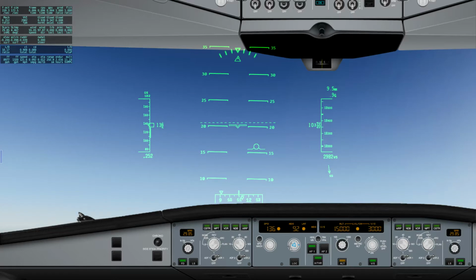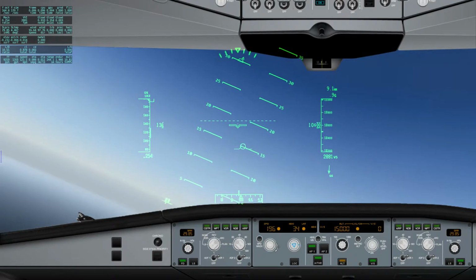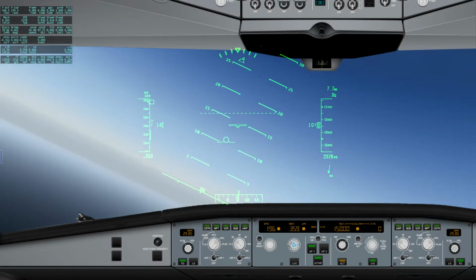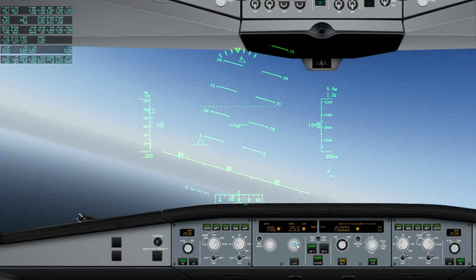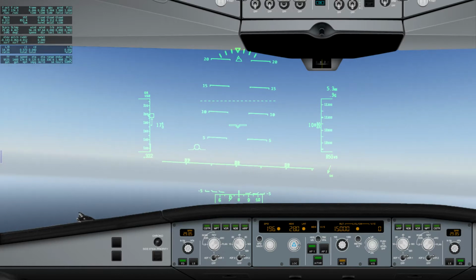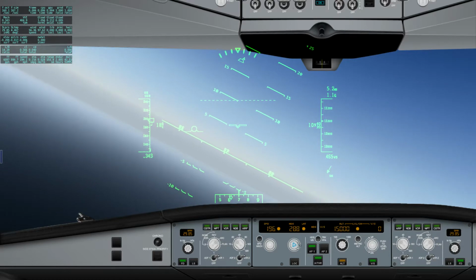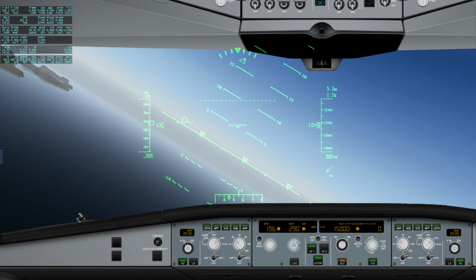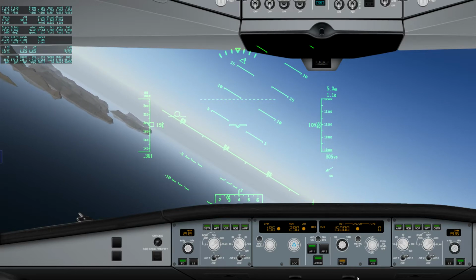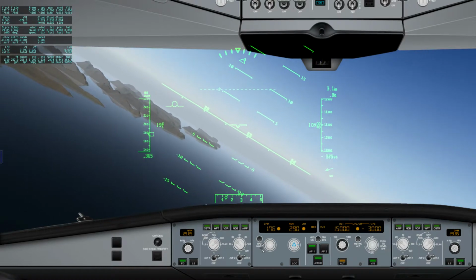Now if we reverse the direction of this, we can turn the plane around, back down away from the wind. I'll drop off a little bit of altitude first as well.